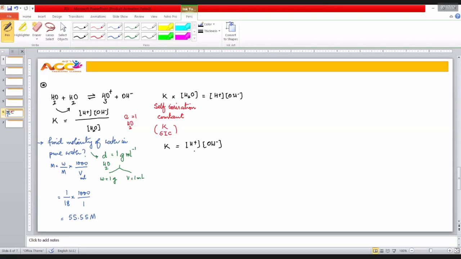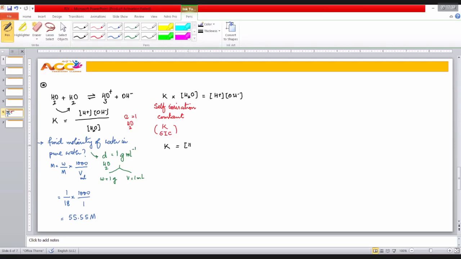And what is this? Now take a look carefully here. Product, multiplication. Product of molar concentration of ions of water. This K is known as the product of molar concentration of ions of water, right?